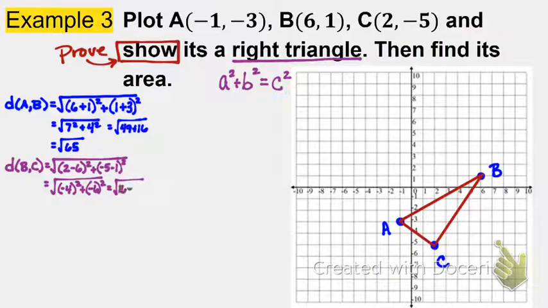So that's 16 plus 36. What's 16 plus 36? 52. So I've got the square root of 52. And then last but not least, I still need the distance from A to C.